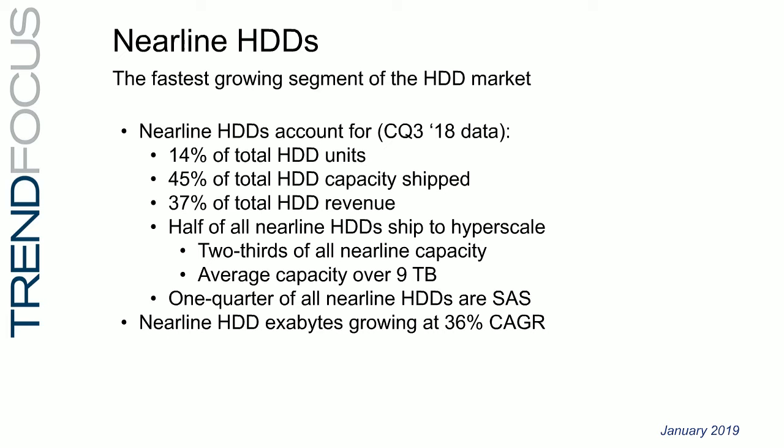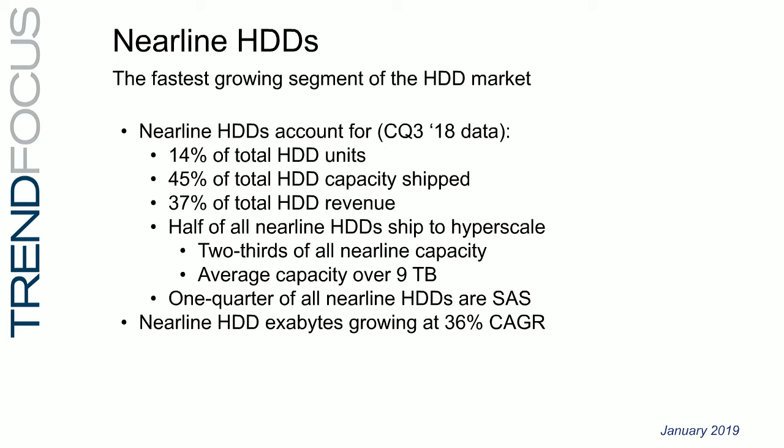But right now we're at a point where about 1/4 of all nearline drives are SAS, and a great deal of that percentage really is in the traditional OEM markets that have large SAS infrastructures and backplanes that support direct attach as SAS. Nearline itself, from an exabyte perspective, is growing, as I said, the fastest among all categories of hard drives, and we have it modeled at about 36% compound annual growth.